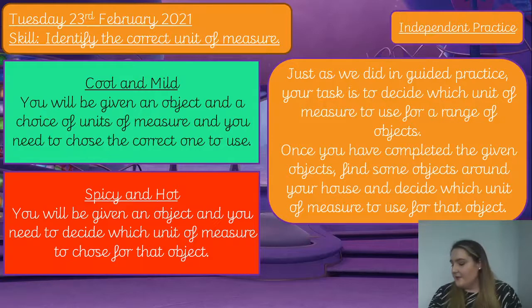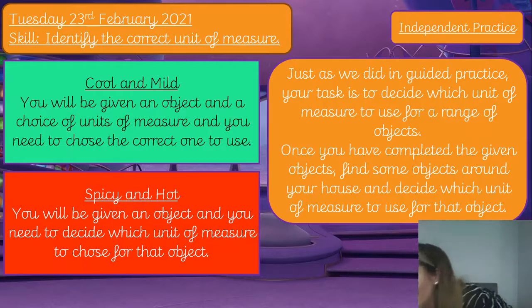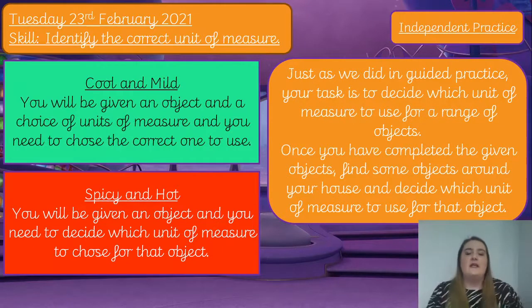For example, I've got my cup of tea here and I would be thinking, what unit of measure would I use for my cup of tea? Is it going to be millilitres, is it going to be litres, how big is it? And I would then decide I'm going to be using millilitres to measure the capacity. So anything from around your house, you might go and gather a few and put them in front of you and then work through them.